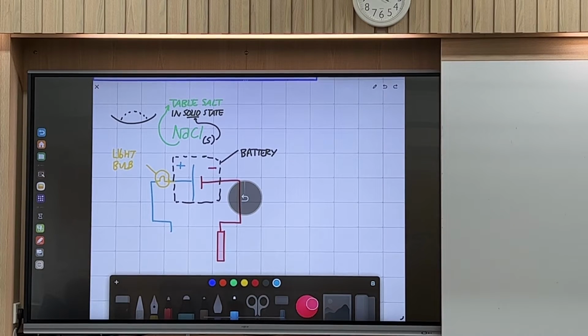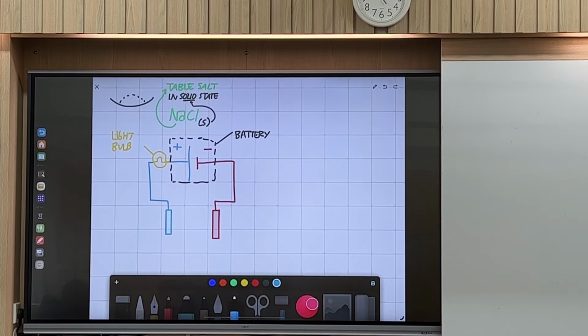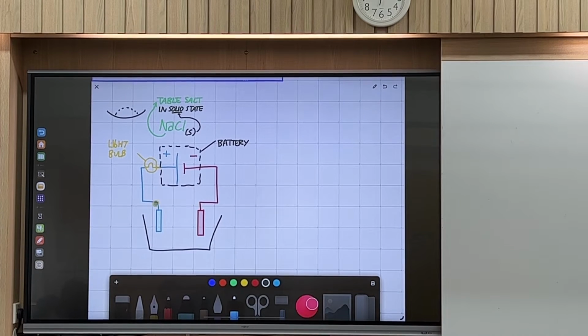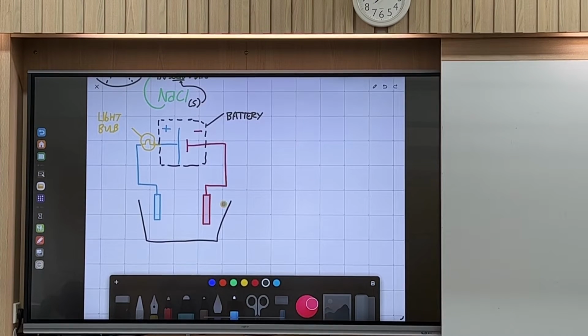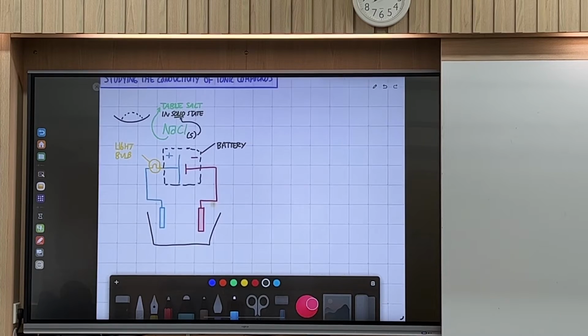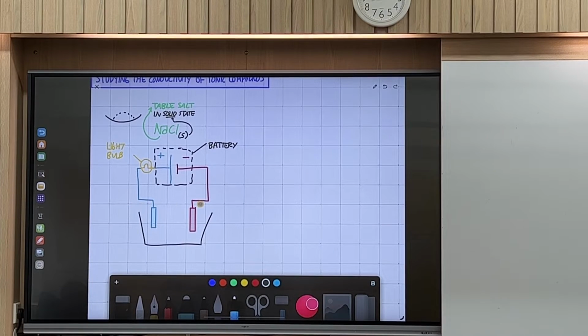So let's say I want to know if this sample of table salt conducts electricity. I put a container here and I just pour the salt over. And if this is conductive, the light bulb will light up. The light bulb will light up if the substance you put in this container conducts electricity, because it completes the circuit.